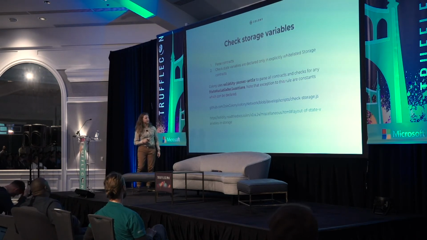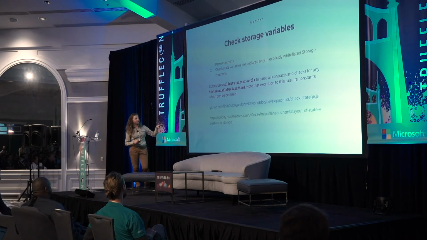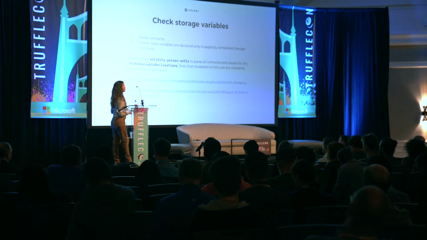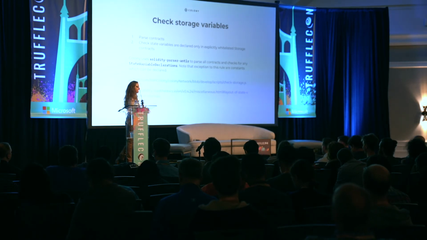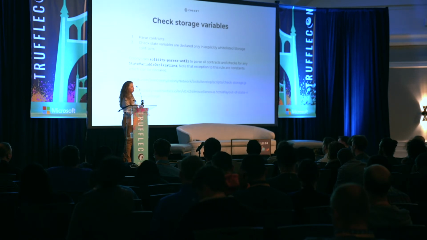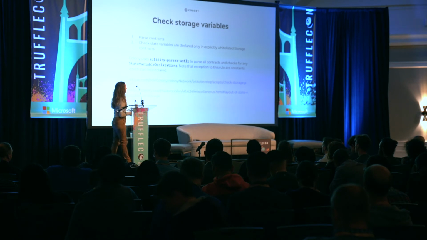I'm going to have the slides available, probably tweet about it so you have the link, but it's a Colony Network repo. And I've put in a link where you can read about storage variable layout. I was thinking of doing a demo in Remix and seeing if you could guess which storage slot each variable goes in.